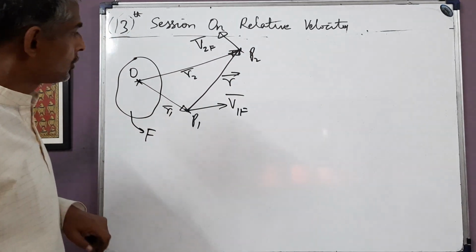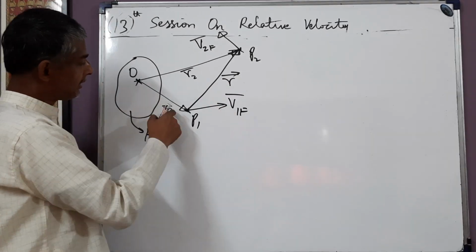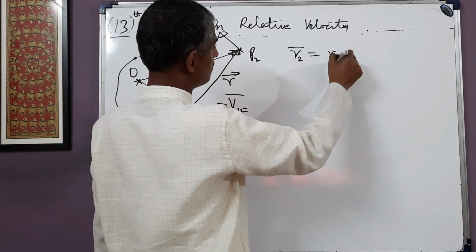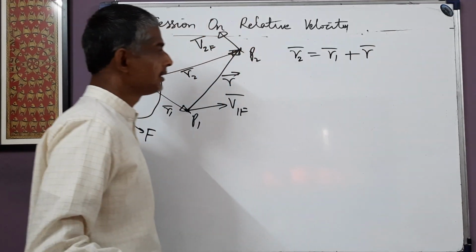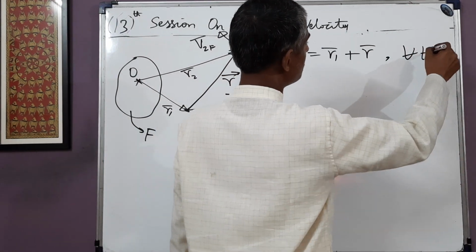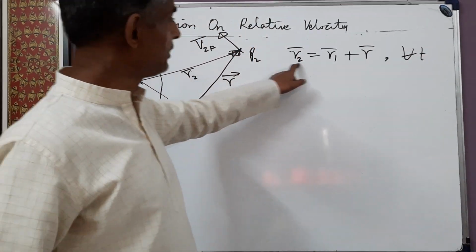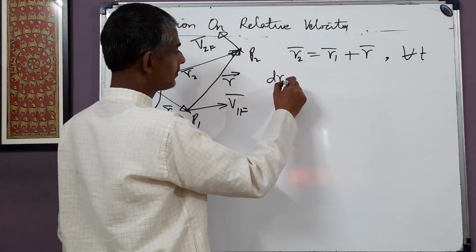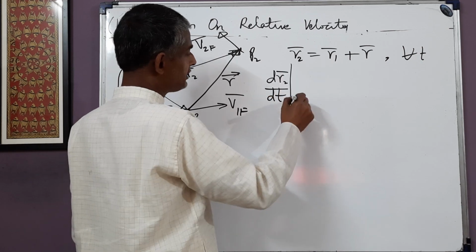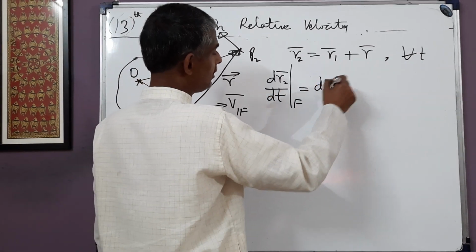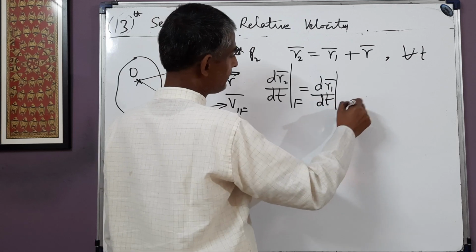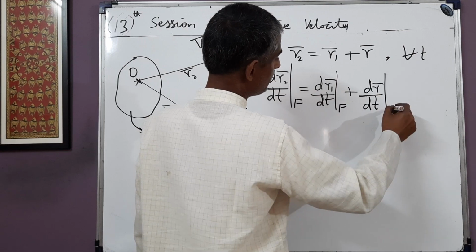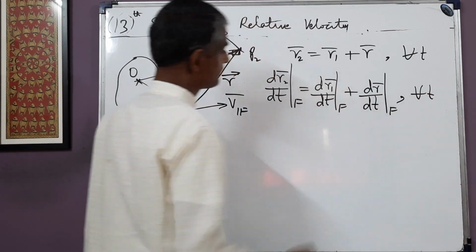Now we know from the triangle law of vector addition that R2 is equal to R plus R1. So R2 is just equal to R1 plus vector R, and this vector equation is valid for all times. Now suppose we differentiate this vector equation on both sides with respect to time t. dR2 by dt in frame F is equal to dR1 by dt in frame F plus dR by dt in frame F, for all t.